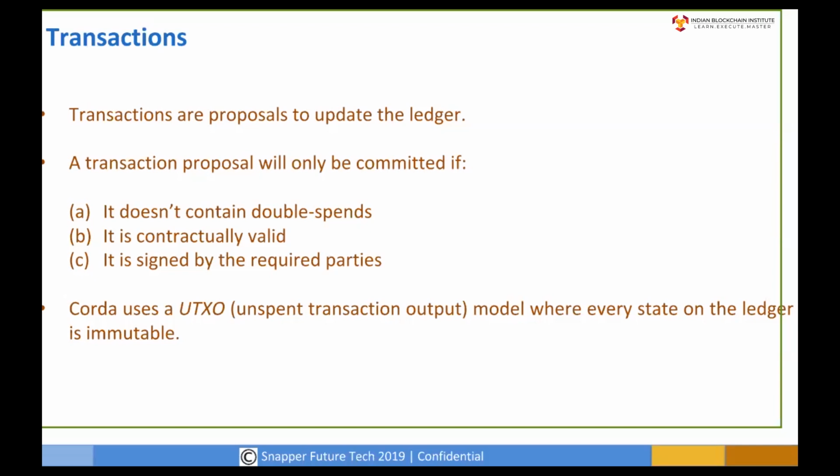If you are familiar with how Bitcoin works, Bitcoin works on a UTXO model, that is the unspent transaction output model. Every state on the ledger is immutable. So you can see how many spent transactions there are and what the output is. It's based on the input and output of the transaction.